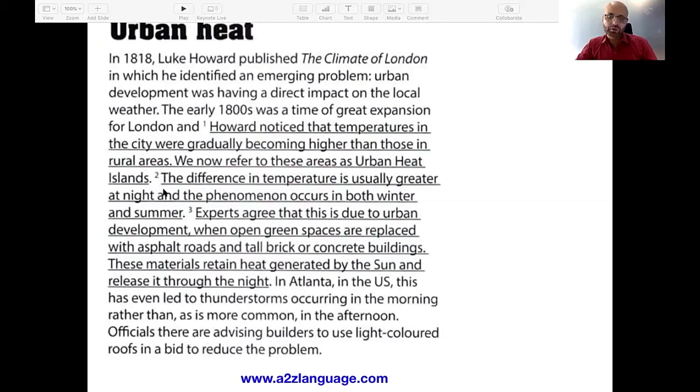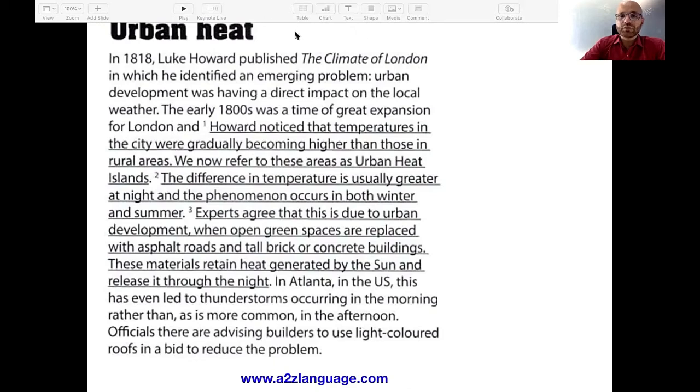You cannot overlook the earlier part of the same subject and focus on the second. So make sure that you follow the flow of information in the text. Another key point, please note down in notebooks: over time you develop a strong sense that you have to follow the flow of ideas. The difference in temperatures is usually greater at night, and the phenomenon occurs in both winter and summer.